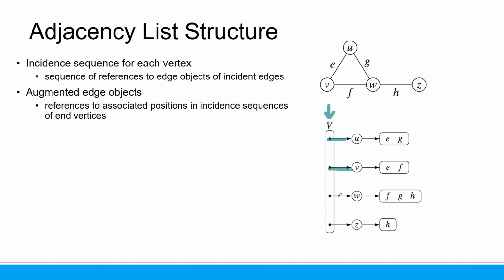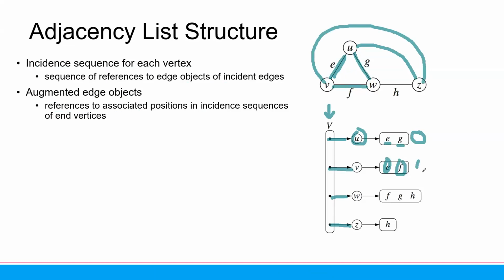You have U, V, W, and Z. In U, we will have E and G. And then if there is another incident edge, for example, it goes here, so we can just add in this position. For example, V we have E and F. And say if there is another edge like this one, then we will add at the end. That's the meaning of the augmented edge objects.